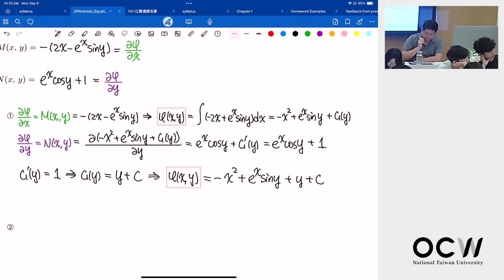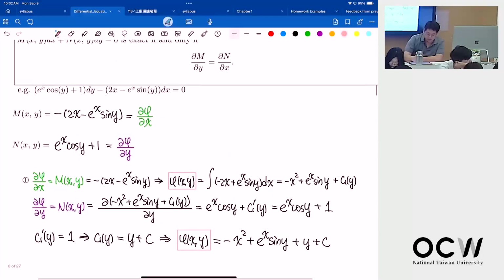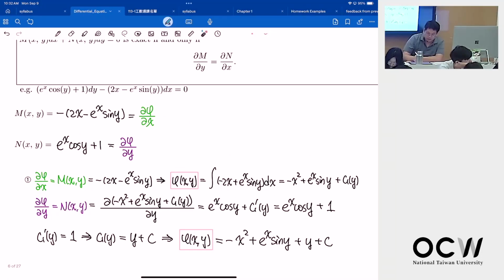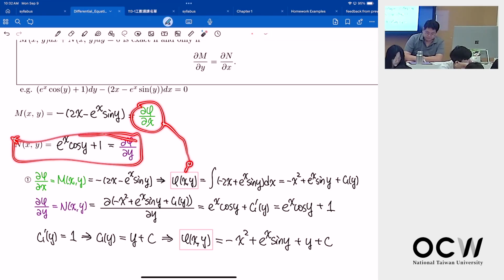Okay, any questions so far? First, we chose the green function, the M, to find the potential function. Then you may ask, why do you need to choose the green first? Can I choose the purple one, the N, to find the potential function first? So let's see.